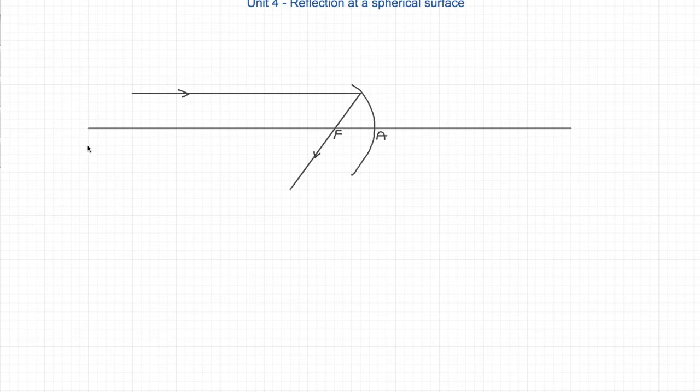We define the point on the optical axis where parallel rays are focused as the focal point, and we label it capital F. We'll place our center there, we'll place our object there, and we'll say our image is formed at that point. Again, I'll show you later how to determine exactly where the image is formed.